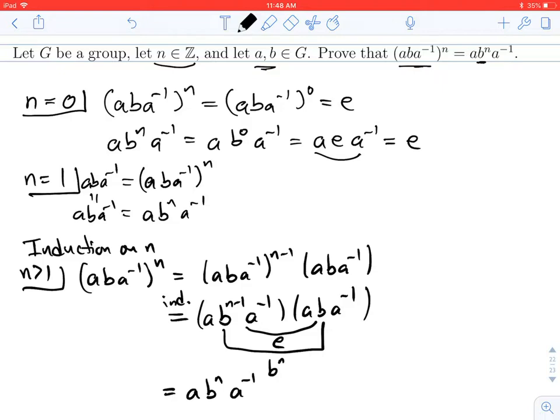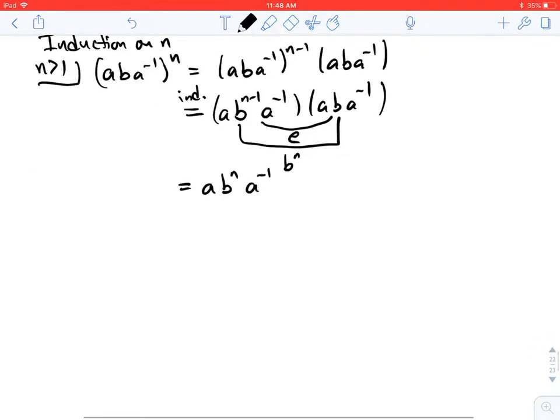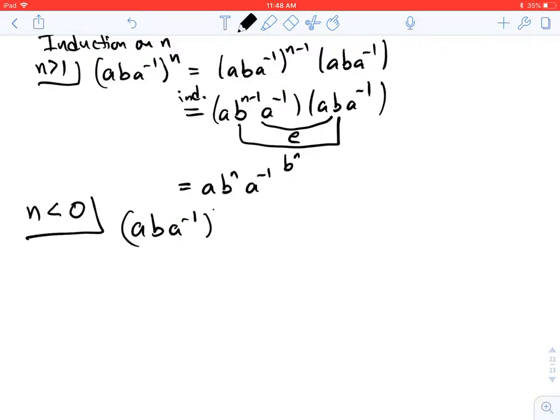Now I want the negative cases. So the negative case, I'm just going to reduce it to the positive. So if n is less than 0, then when I write down ABA inverse to the n, this n is a negative number. So if I write down to the negative n, that will actually be a positive number.